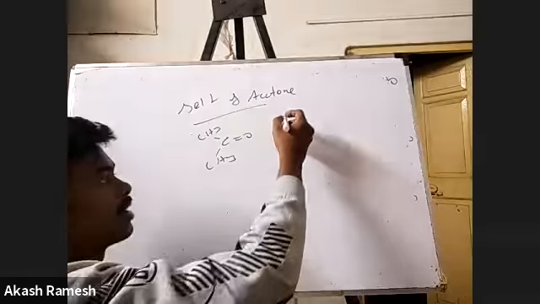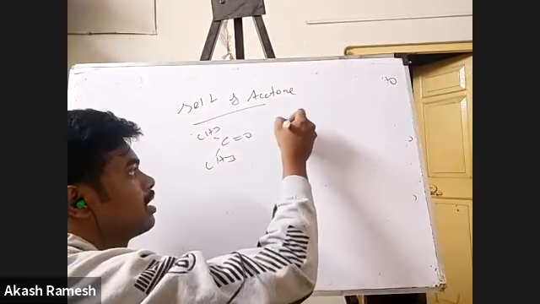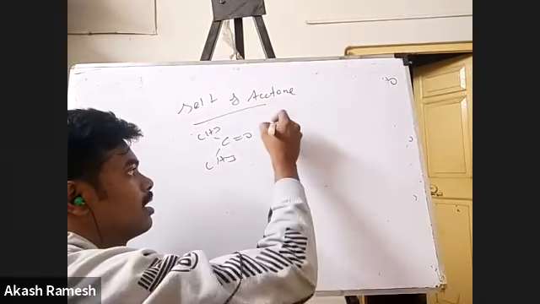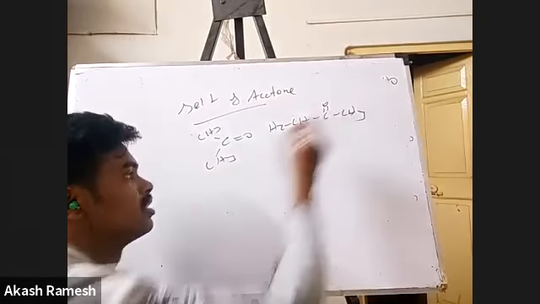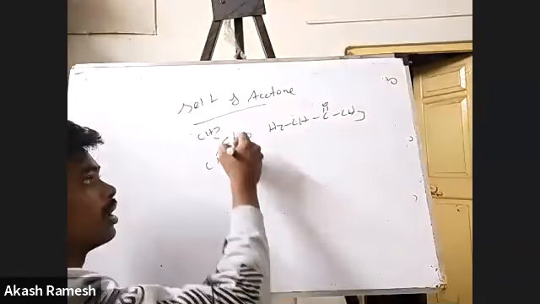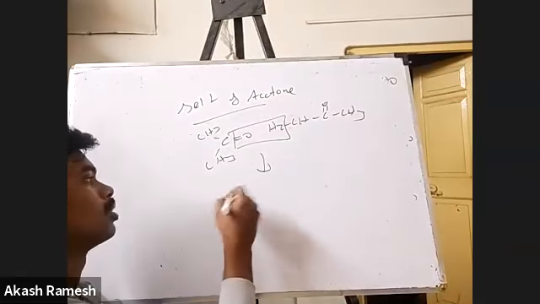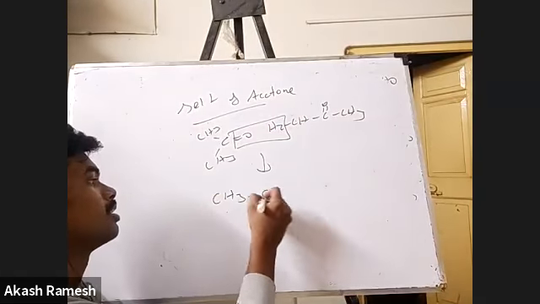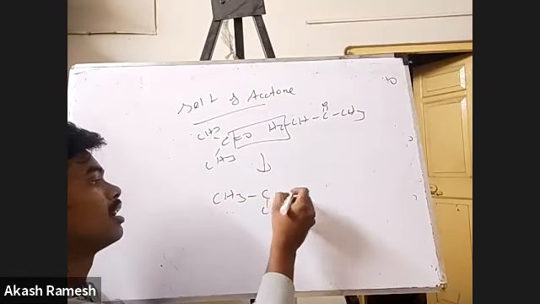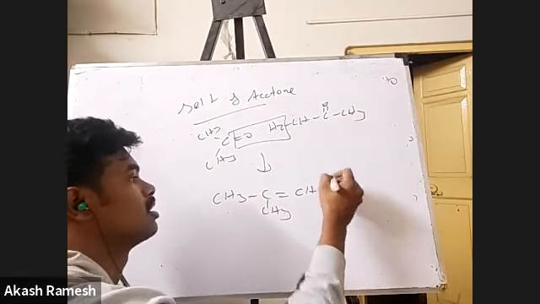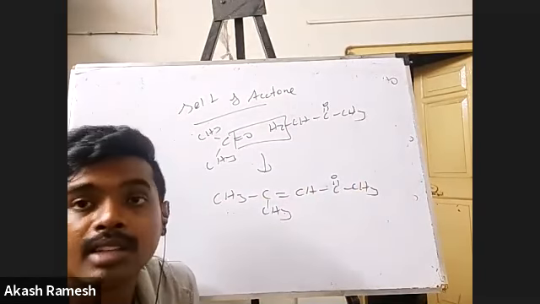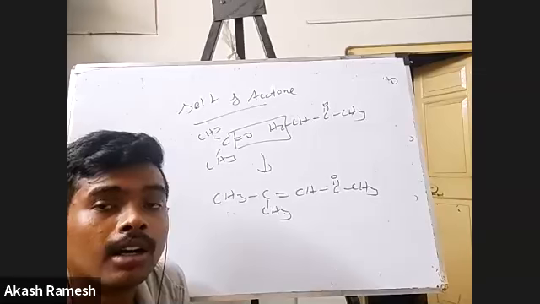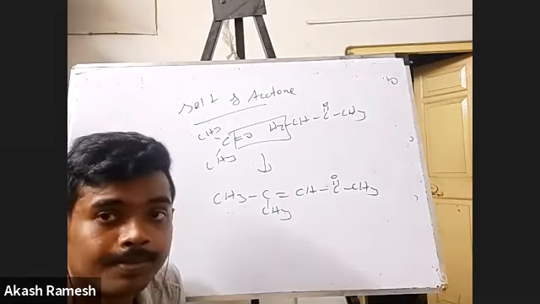Now you have 2 alpha hydrogens to be removed. So you write it like CH2, H, C double bond O, CH3, right? Now remove this. So you'll form CH3, C, CH3, double bond, CH, C double bond O, CH3. That's it. This is the self-aldol product of acetone.